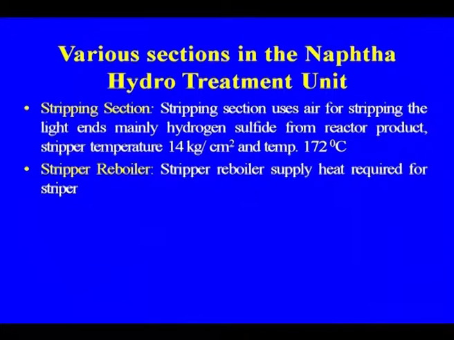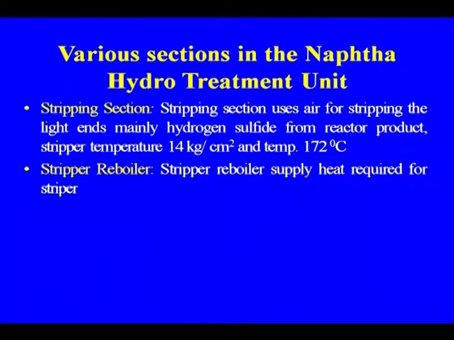Stripping section. The stripping section uses air for stripping the light ends, mainly hydrogen sulfide, from the reactor product, and then the hydrogen sulfide goes for further removal from the gas stream, and then goes to the Merox unit and other sections. The stripper temperature and pressure are what we are maintaining.